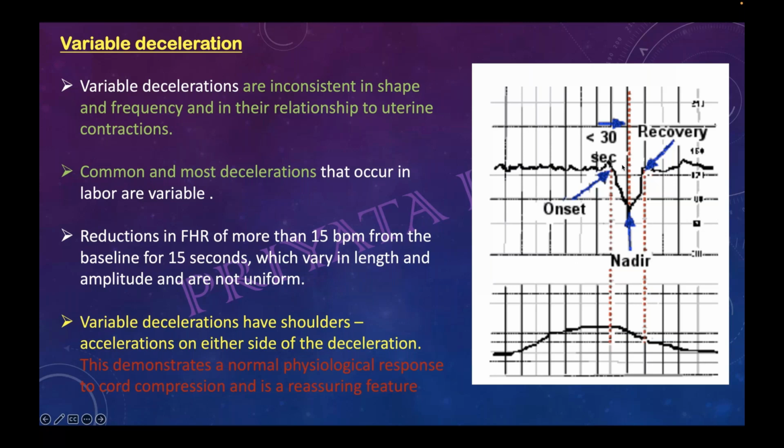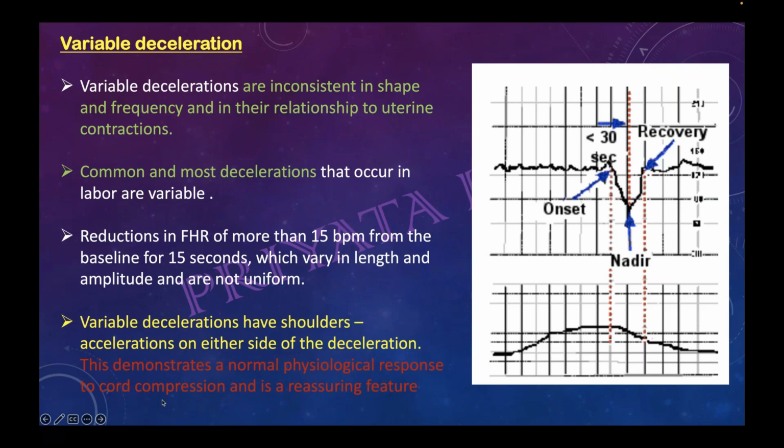Early deceleration recognition creates no problem, as these are mirror images. Variable decelerations are inconsistent in shape, frequency, and their relationship to uterine contraction. You will find shoulders also. If the shoulders are there, it is a normal reassuring feature.